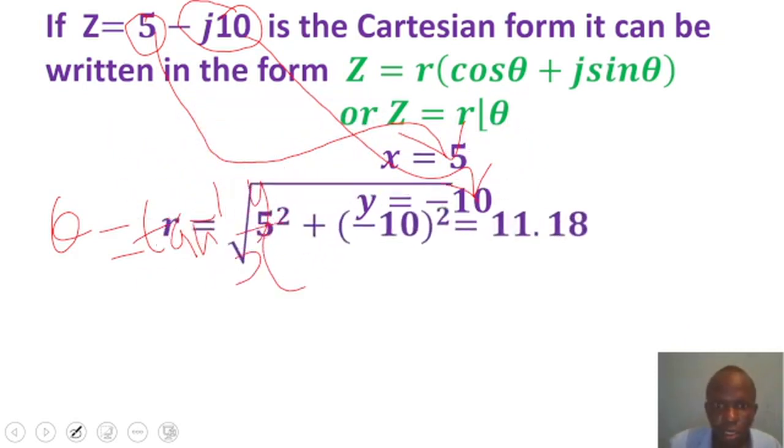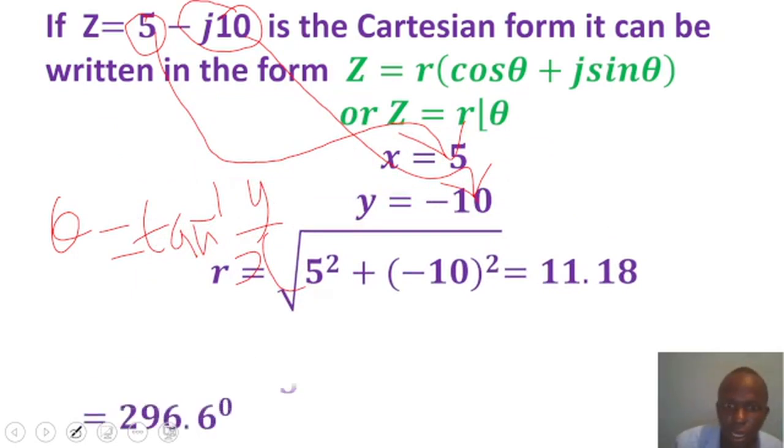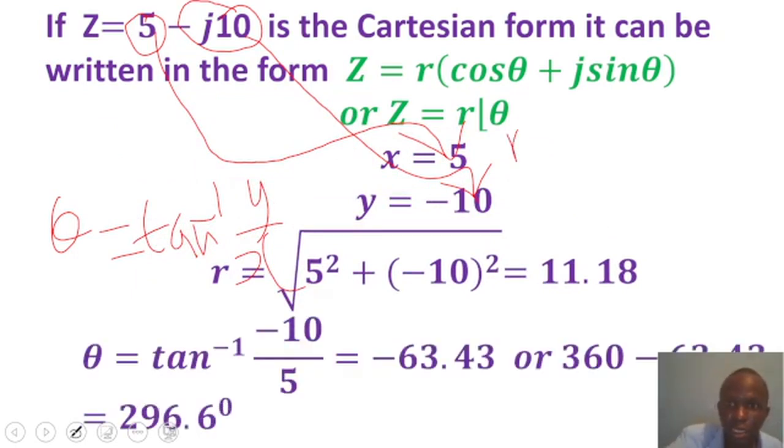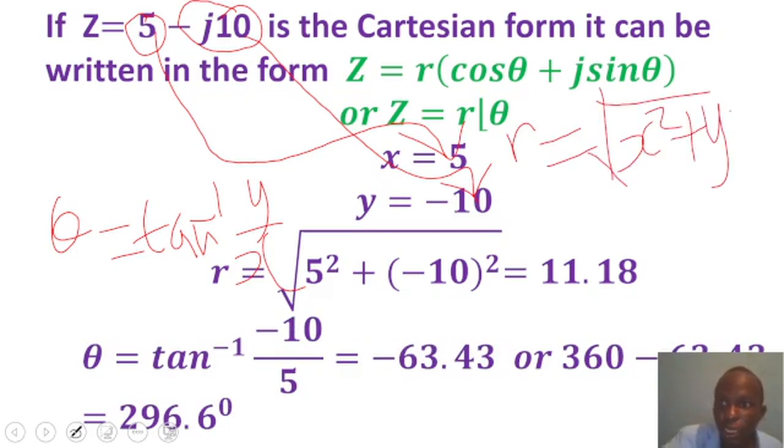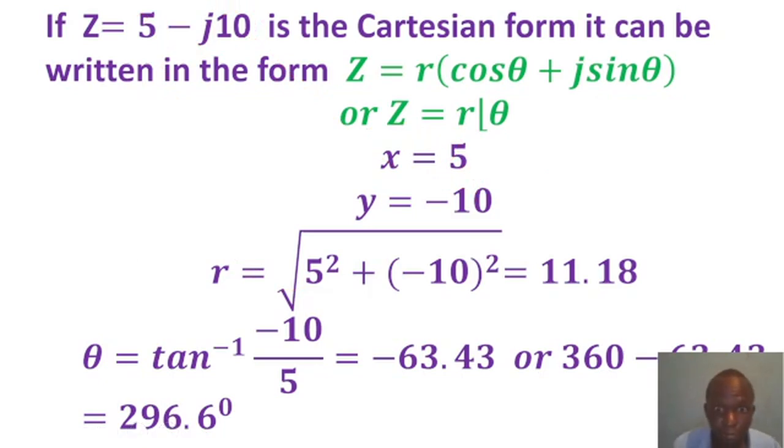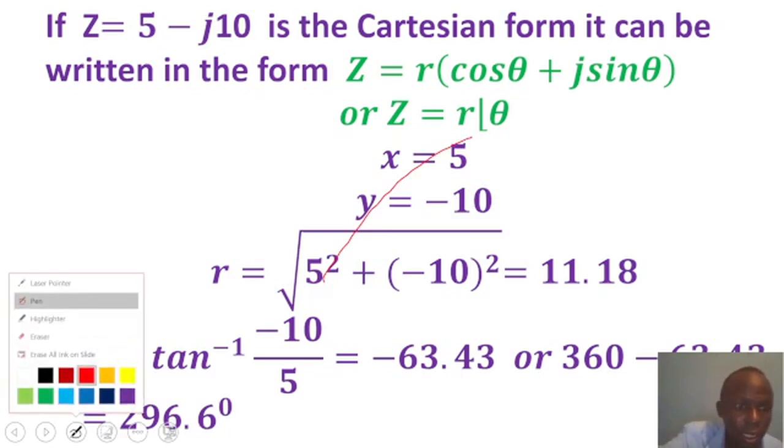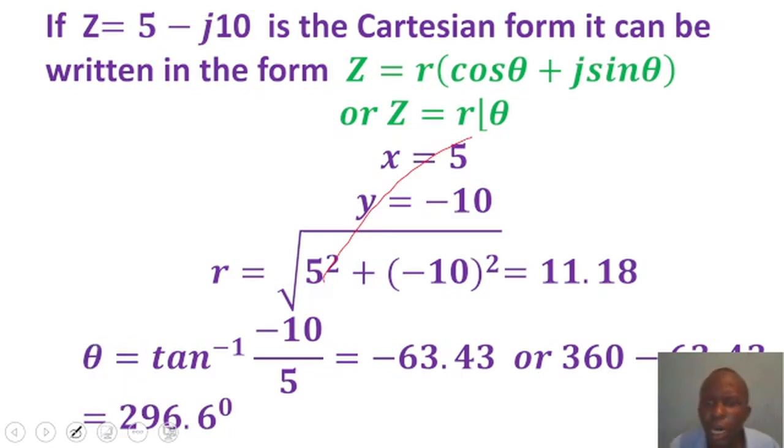So that is theta. R is equal to the square root of x squared plus y squared. Using the formulas, you can see how they have been substituted. We have 5 squared plus negative 10 squared, and that results to 11.18.